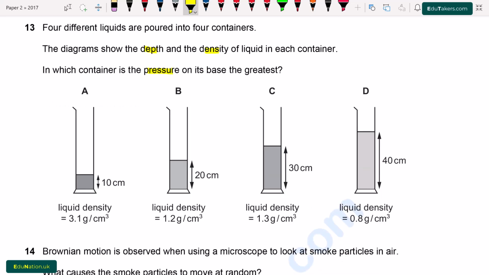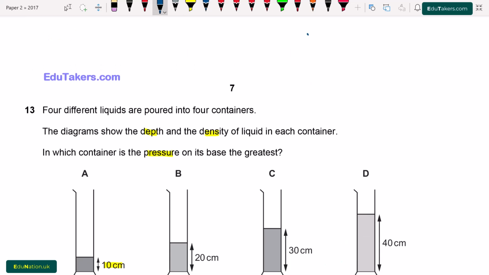In the option A, we can see here the depth is given 10 centimeter and the liquid density is 3.1 gram per cubic centimeter. So pressure is basically P is equal to density multiplied by G and depth.